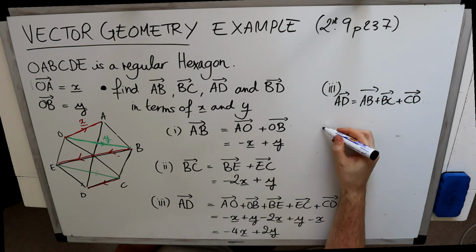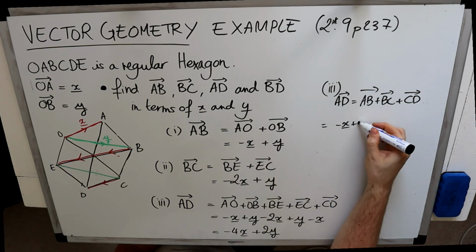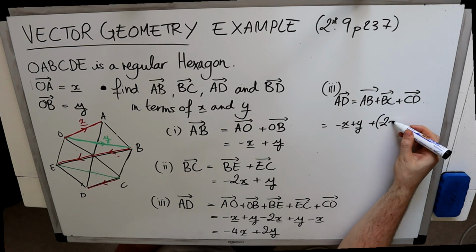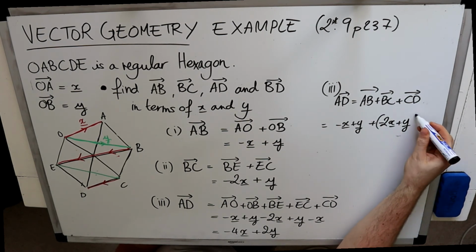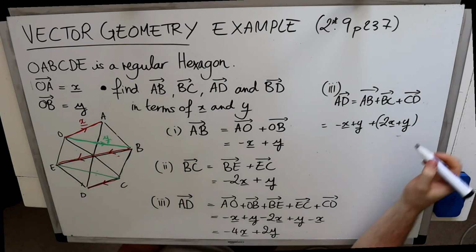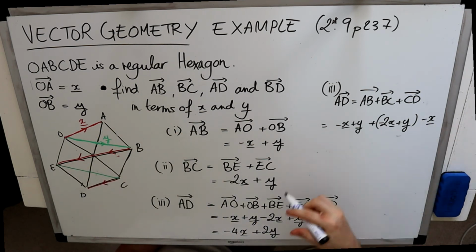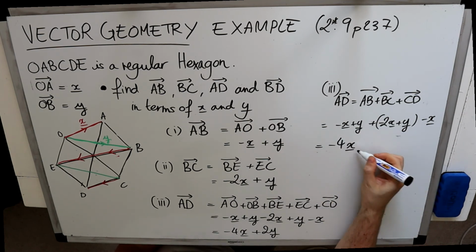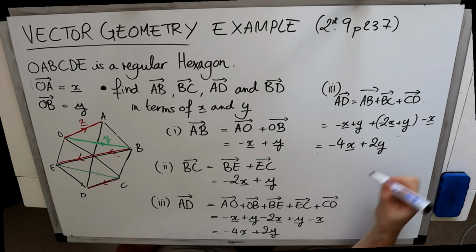But AB, I've already done the hard work. That's minus x plus y. And then BC, I've done the hard work again, that's minus 2x plus y, and then CD itself is just going to be another x going backwards, minus x. And regrouping this, I get exactly the same answer as here, that's minus 4x plus 2y.